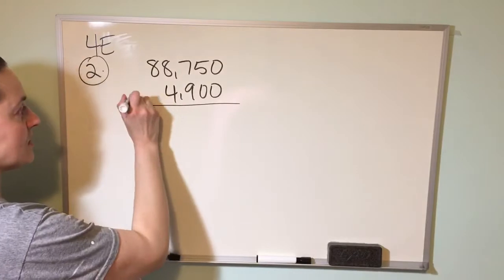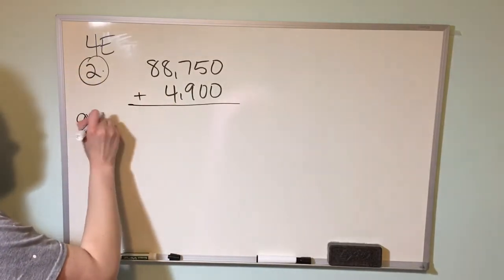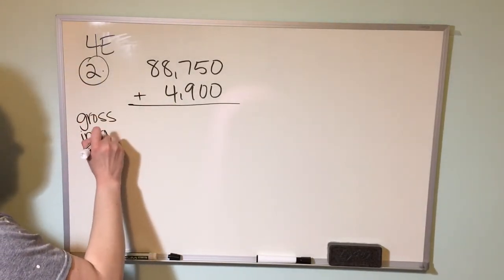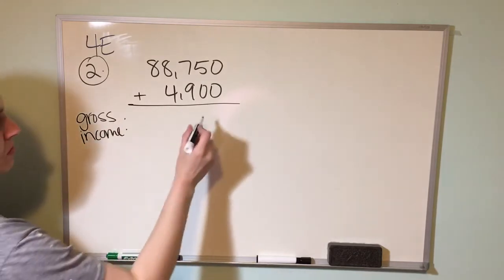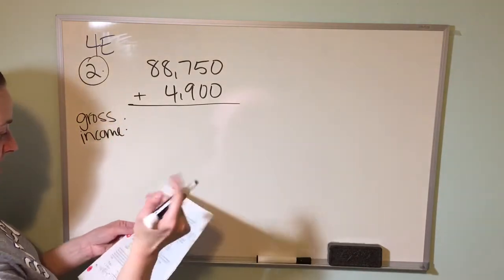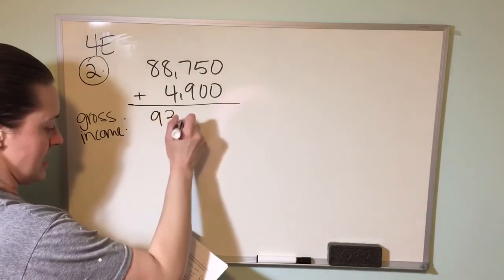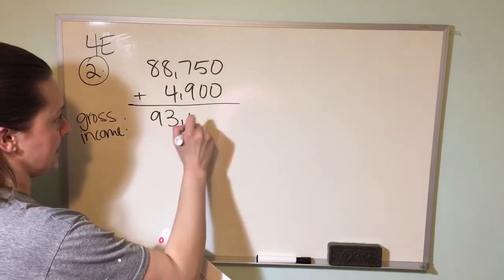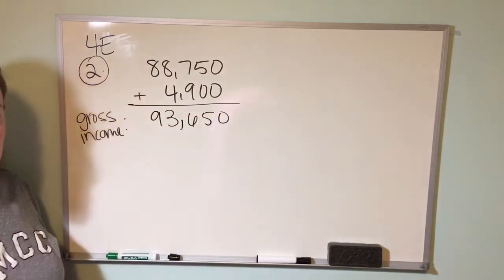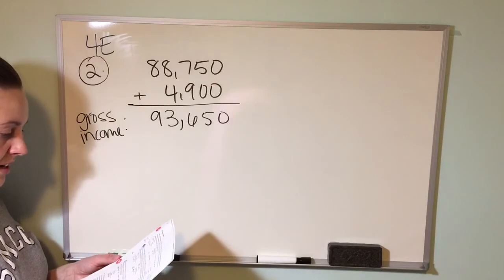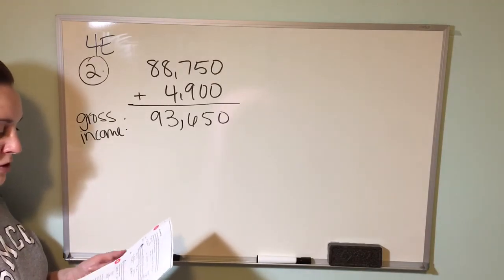So when we add those together, this will give us Marie's gross income, which is what? Oh, I need a calculator for this. Oh, I have it written down. $93,650. Okay, that is her gross income. So that's the first part of the question.